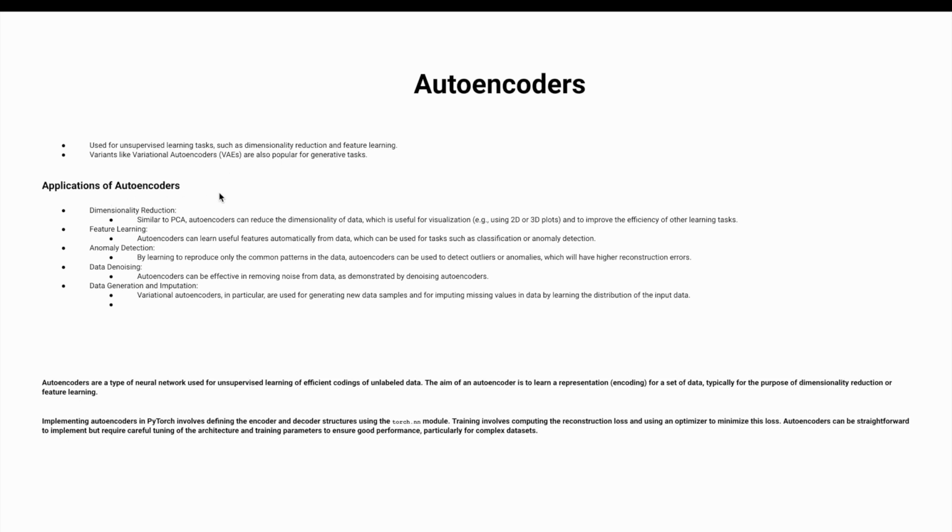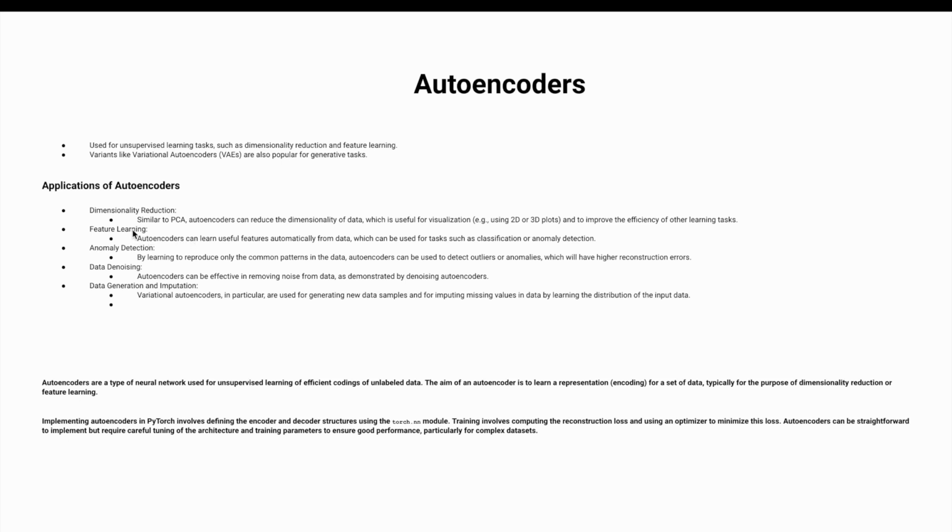Applications for autoencoders include dimension reduction, similar to PCA. Autoencoders can reduce the dimensionality of data, which is useful for visualization, for example using 2D or 3D plots, and to improve the efficiency of other learning tasks.